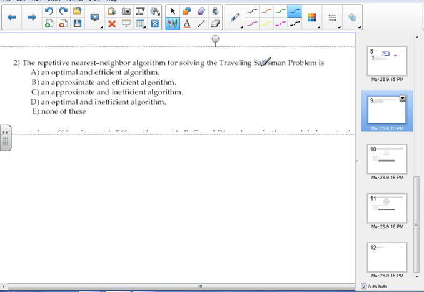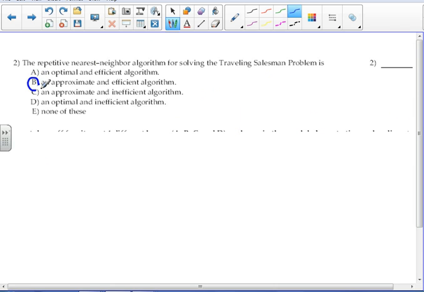Repeated nearest neighbor traveling salesman problem is approximate and it's effective. So what you have is, if I'm here at A and I have a choice, I can go here 10 or I can go there 15. Which path do I take first? 10. I go the 10 way.